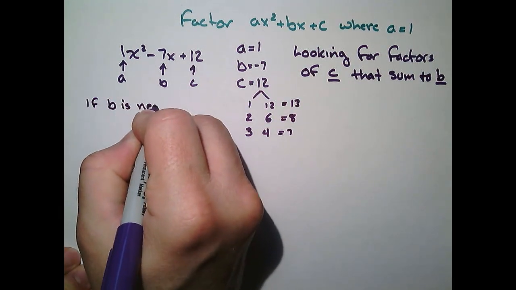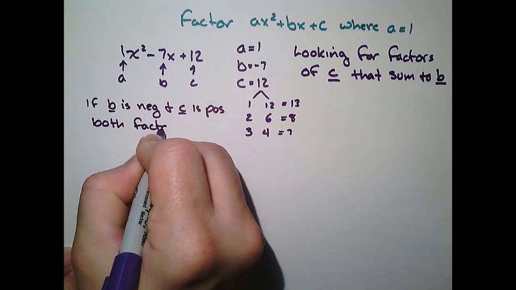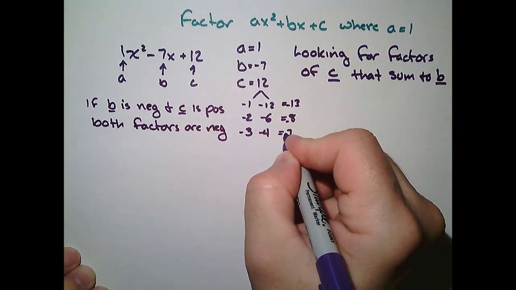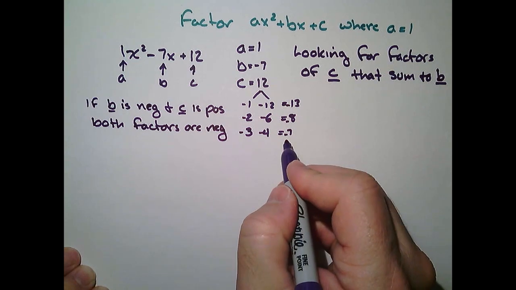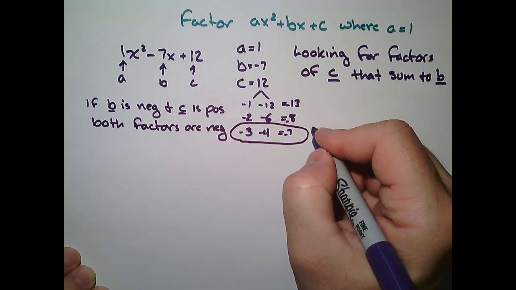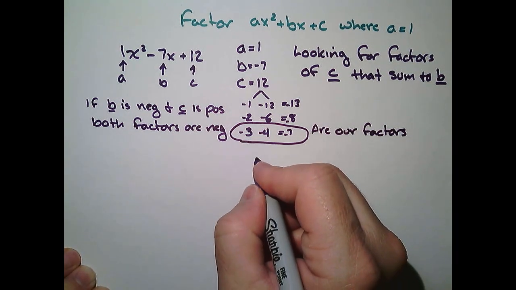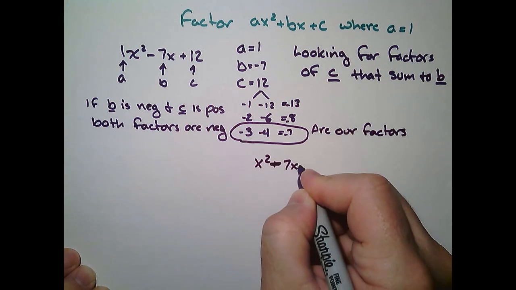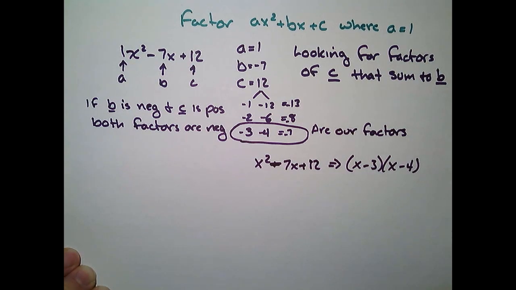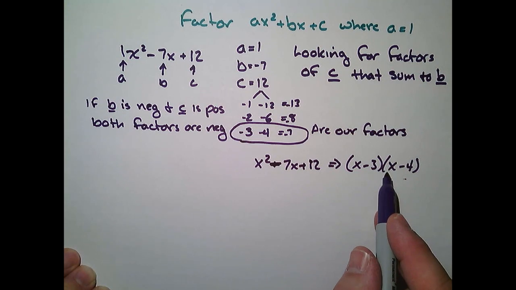So if the b is negative and c is positive, then both the factors are going to be negative. So let's make all these negative. And now we have a negative 7. So negative 3 plus negative 4 does equal negative 7. Those are factors. And all we have to do is write them. So we've got x squared minus 7x plus 12, and that factors into x minus 3, x minus 4. Cool? I think it is.